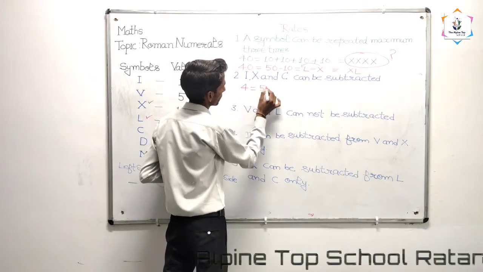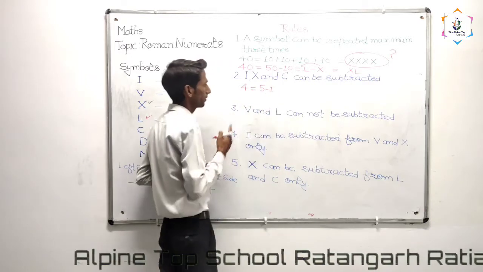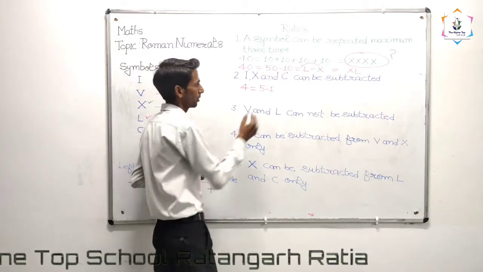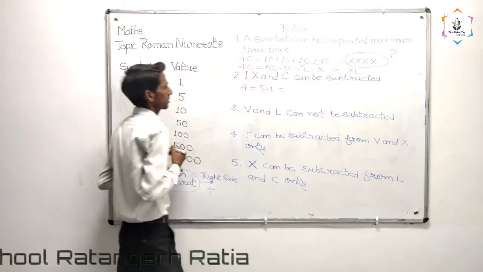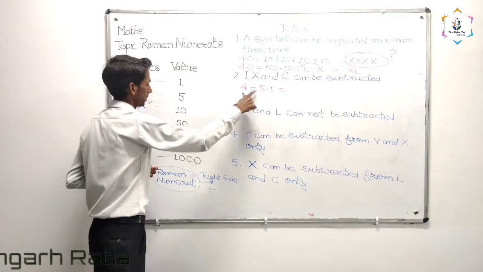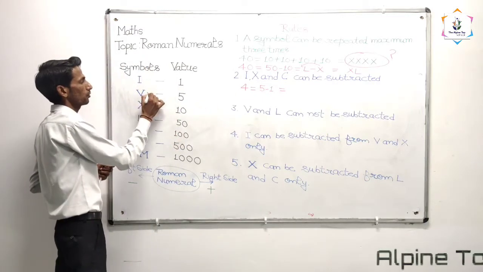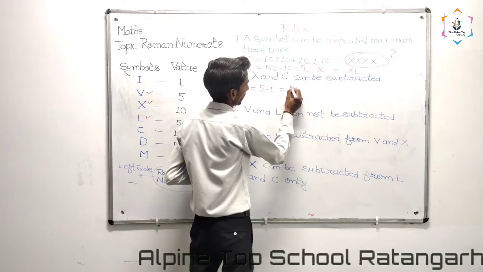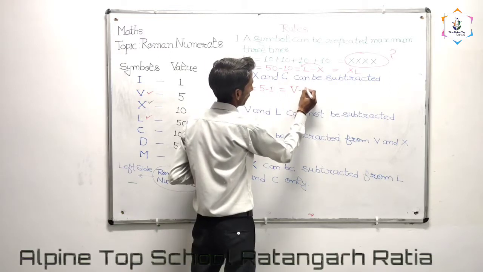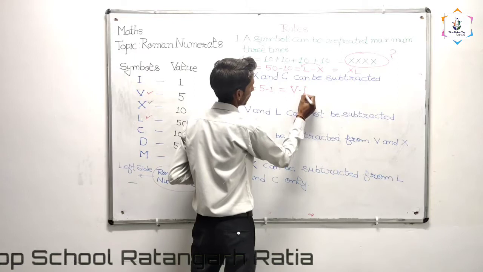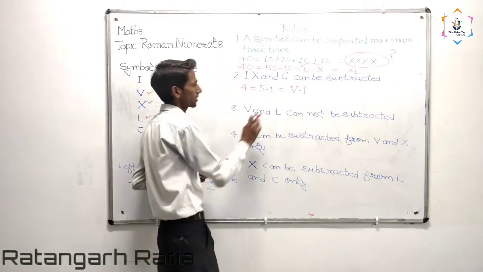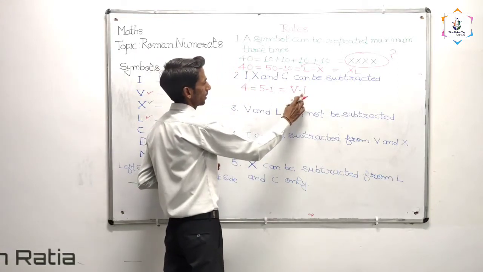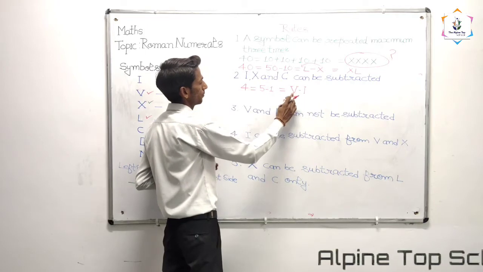Obviously, when I subtract 1 from 5, then I will get 4. Now, dear students, for 5 there is a specific Roman numeral symbol V. Okay? And for 1, a capital I. Obviously we are subtracting 1 from 5.